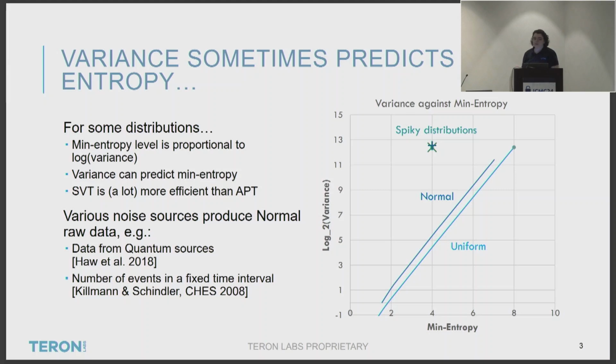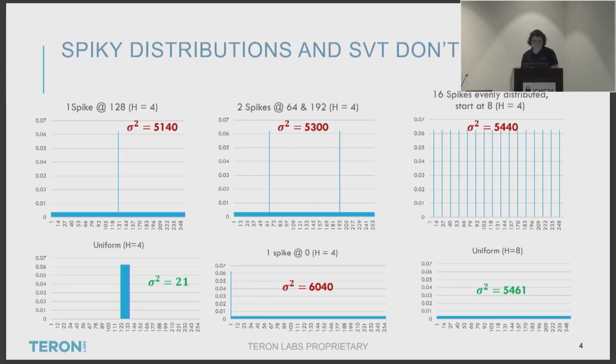But if the data always remains normally distributed, a drop in entropy also means a drop in sample variance. There are noise sources around that do produce normally distributed data. So for instance, data from quantum sources, and there's a reference there, and also the number of events in a fixed time interval. There's another reference there as well.